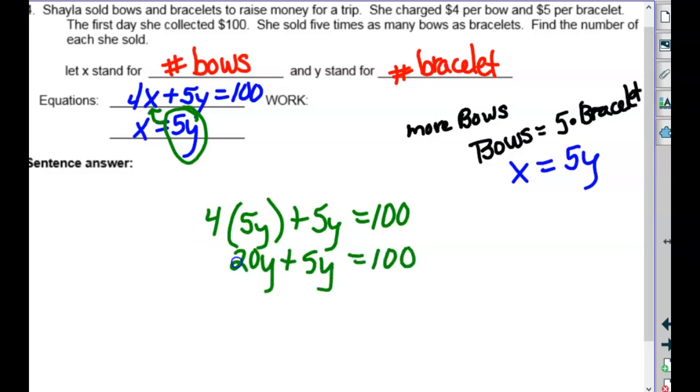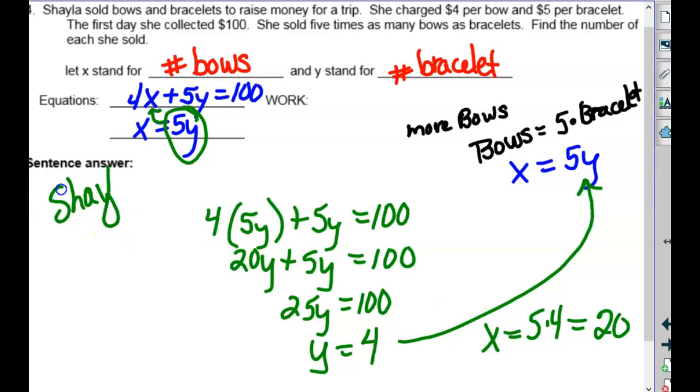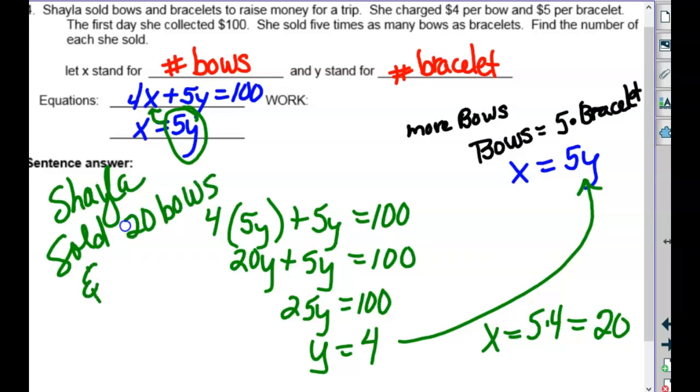What's that going to be? And then if I plug it back in up here, x would be? Okay, we got 20 bows and 4 bracelets.